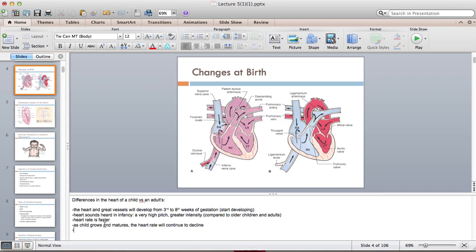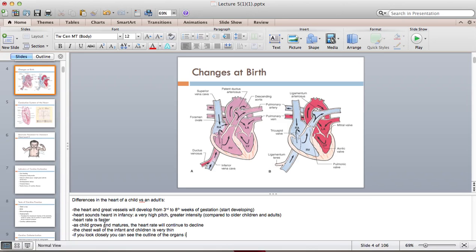You will also notice that the chest wall of the infant and children is very thin. If you look closely, you may be able to see the outline of the organs in the chest cavity, including the heart. It's a very thin wall.